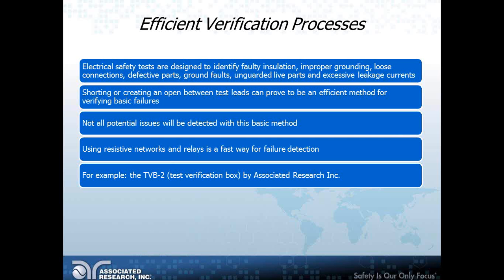A good way of running a verification on these tests is by shorting or creating an open between test leads, just to verify basic failures, but not all potential issues will be detected with this basic method. So it's really up to the user how detailed you want to be when it comes to verifying your tester.